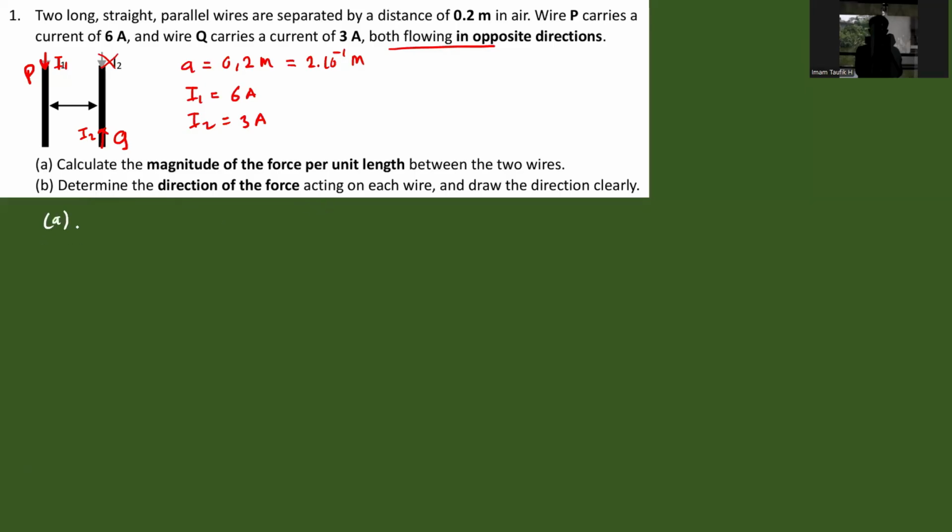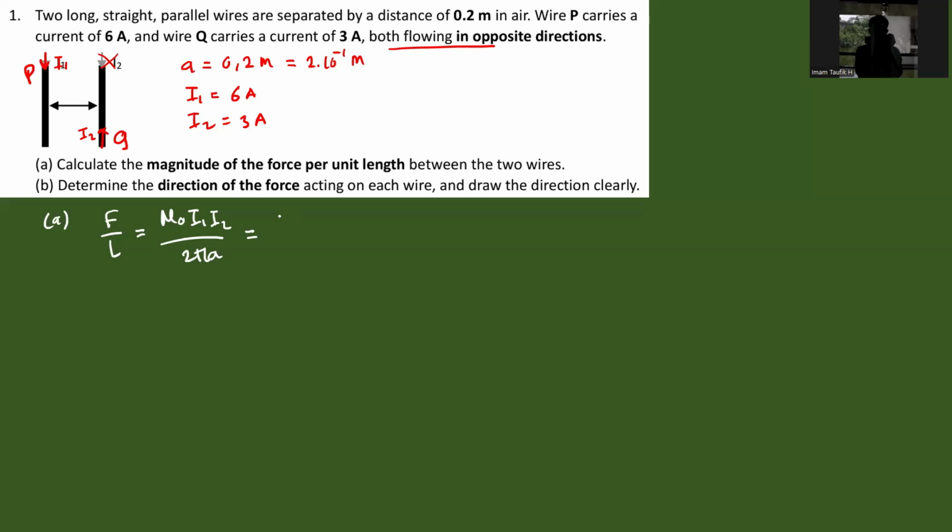Okay, for point A, I guess we can simply use the magnitude of the force per unit length formula. F per L is equal to mu naught times I1 I2 per 2 pi a.